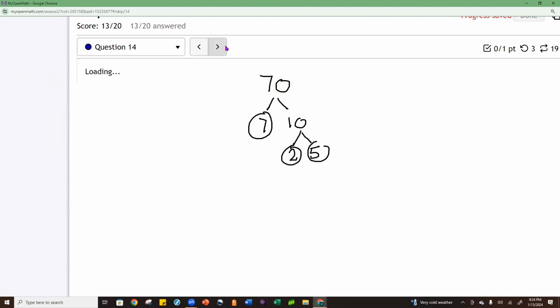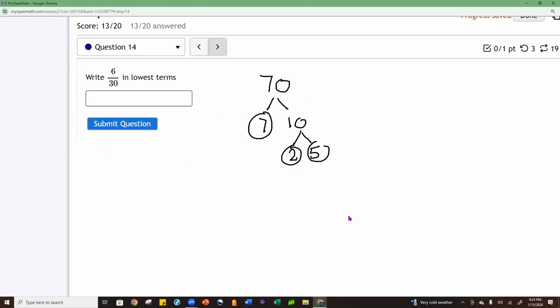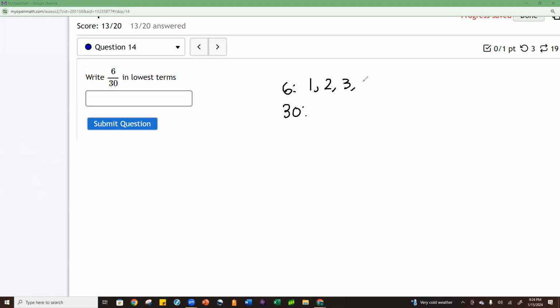Okay, next question. Lowest terms, that means we find the greatest common factor. So I would list out all the factors of 6 and all the factors of 30. 1, 2, 3, 6. Or I could do the factors for one of them and see, hey, does 6 go into 30?